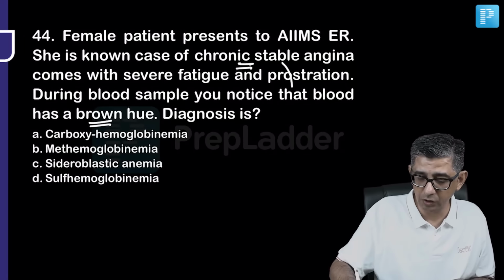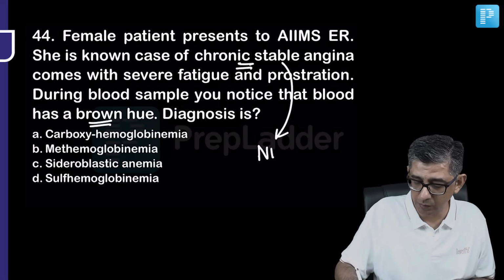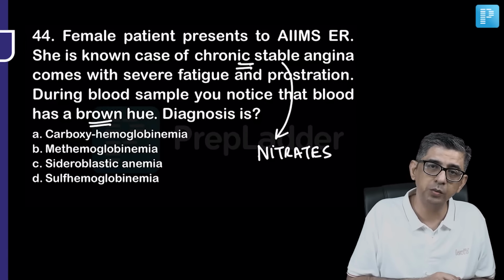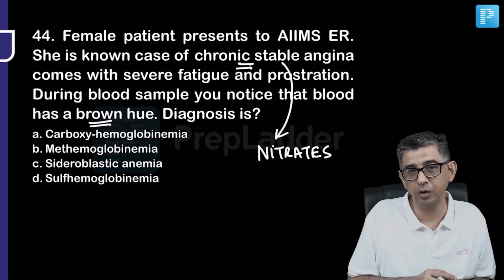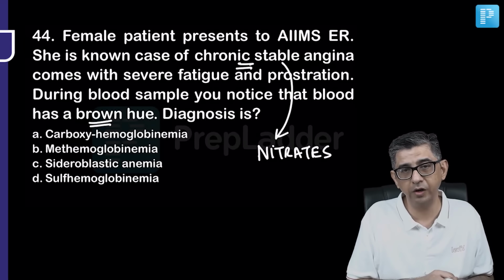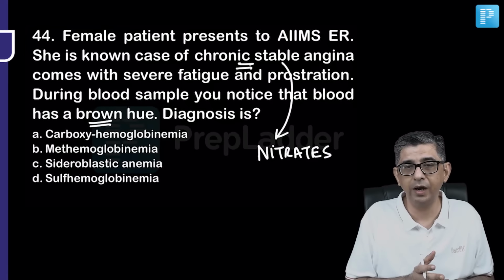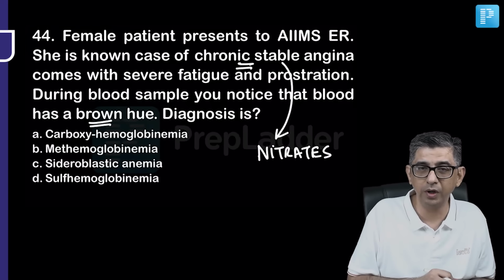But yes, when he's talking about chronic stable angina, it was a two-step question, because you know that nitrate exposure causes development of methemoglobinemia. All patients of chronic stable angina, because they develop chest pain, will be on short-acting as well as long-acting nitrates. They might be on isosorbide mononitrate as well as nitroglycerin buccal spray.